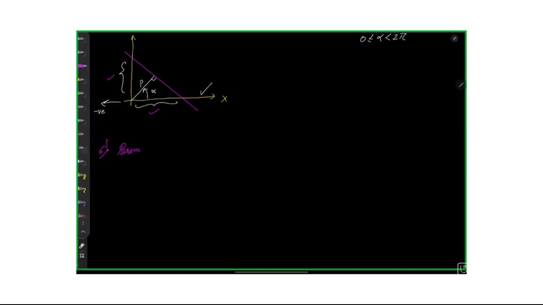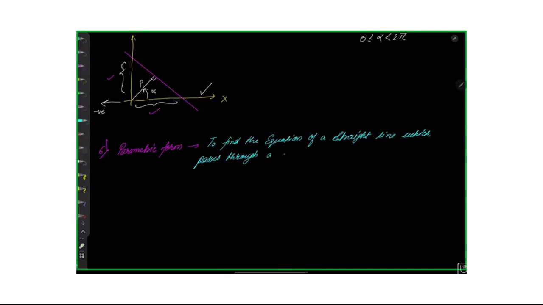Parametric form. Now, this form is very popular and JEE Advanced asks a lot of questions based on this form. So listen to it very carefully. To find the equation of a straight line which passes through a given point A, whose coordinates are h comma k, right?